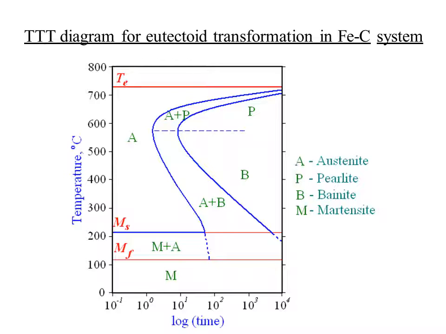So at low temperatures, the iron carbon alloy remains in the martensite state. But when you increase the temperature, the phase transformation happens, and the phase transformation happening in that material with temperature and time is called the TTT diagram.